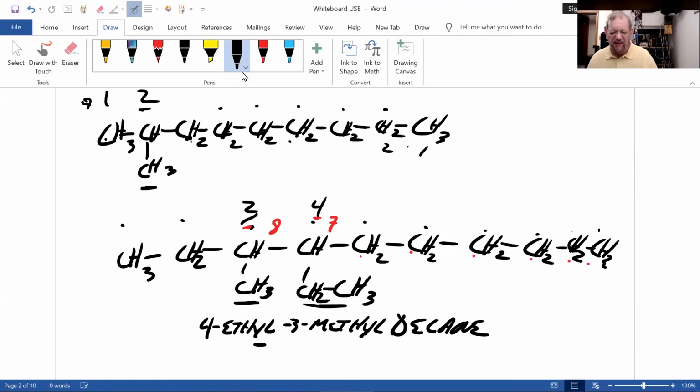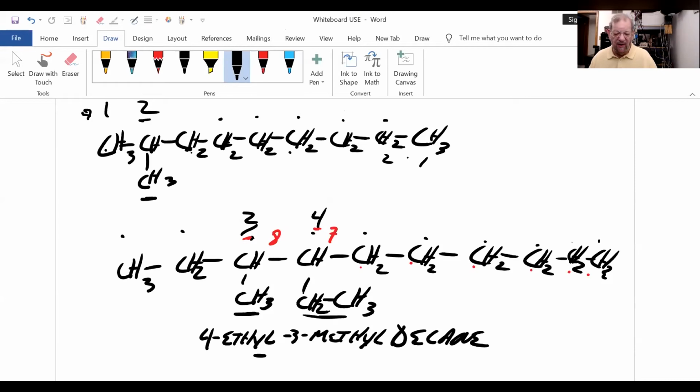Now, this is the alphabetical rule in IUPAC. This is one of the few times I'm going to say this. I will not hold you to this. If you were to write 3 methyl, 4 ethyl, technically, by the IUPAC rules, it's wrong, but the way I grade it's right. Why? Because they're gray areas. And if you're not going to be becoming a chemist, I'm not going to push you to learn all the gray areas. What do I mean by that?